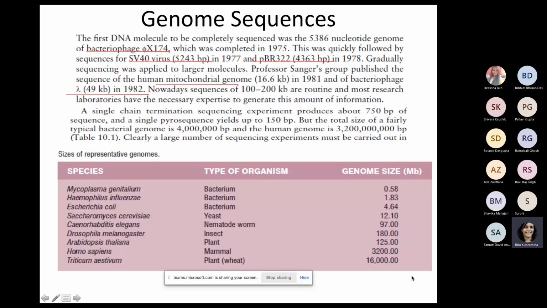If we have to sequence something very small, let's say a plasmid or a very small organism like a virus, then even Sanger sequencing will suffice. At one time, Sanger sequencing generates around 700 base pairs as good reads.